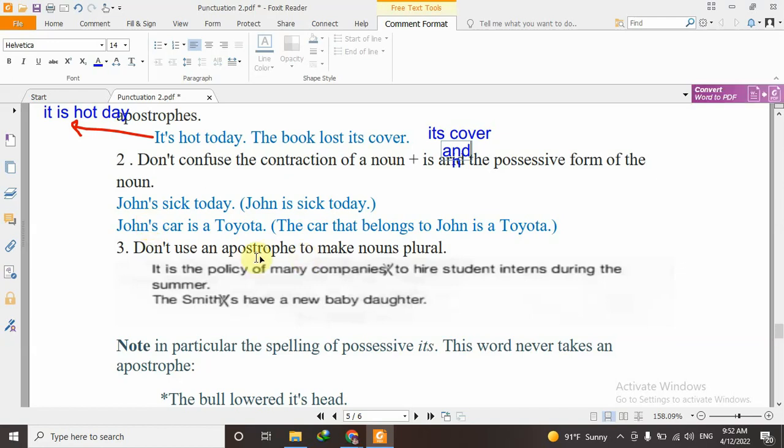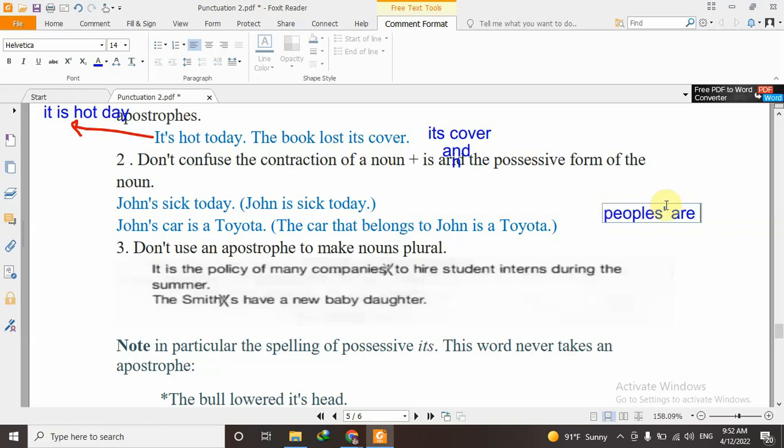Now, don't use an apostrophe to make nouns plural. Some of you think that when we say "what peoples are" you can quickly put an s after it with an apostrophe. I mean "peoples" as in the peoples of the country, you know.